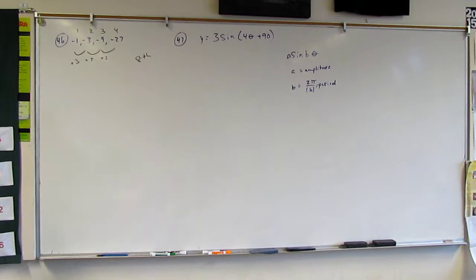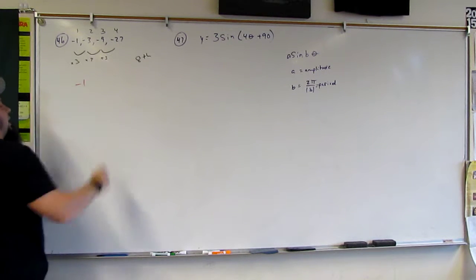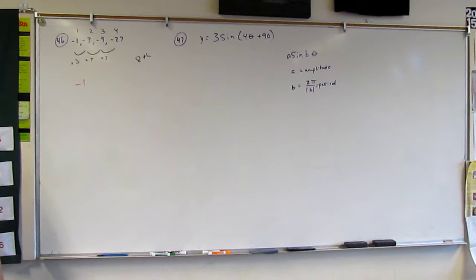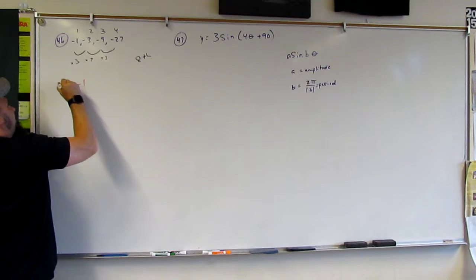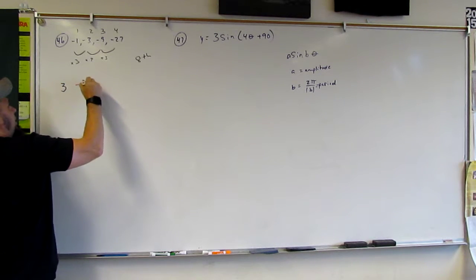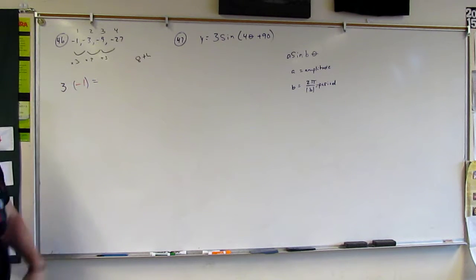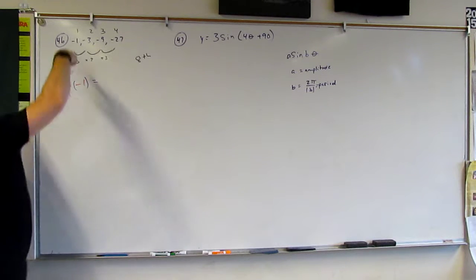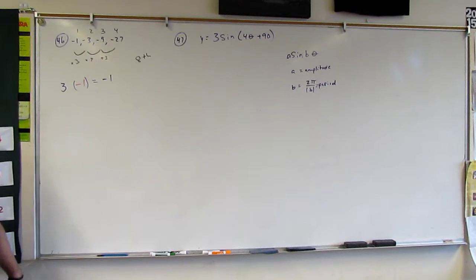Okay? So we're going to take the first term, that's -1, right? And we're going to say that 3 times that first term is equal to the first term, which is -1. Is that true?